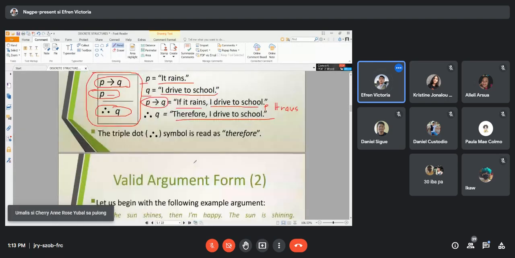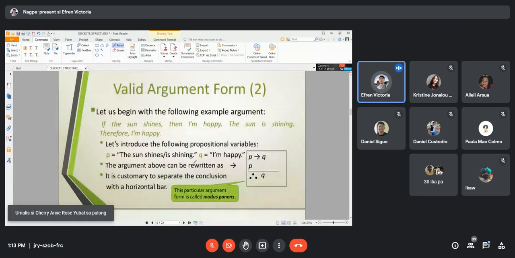So let us begin with the following example argument. If the sun shines, then I'm happy. The sun is shining, therefore I'm happy. So let's introduce the following propositional variables. P, the sun shines or sun is shining. Q, I'm happy.